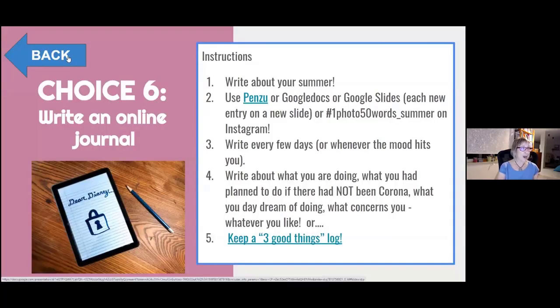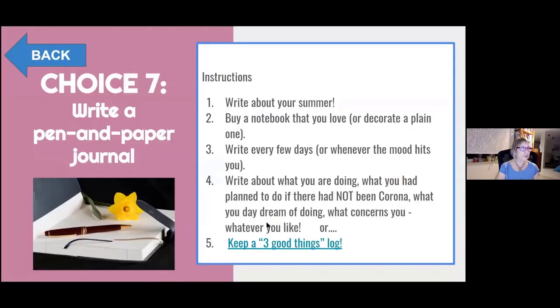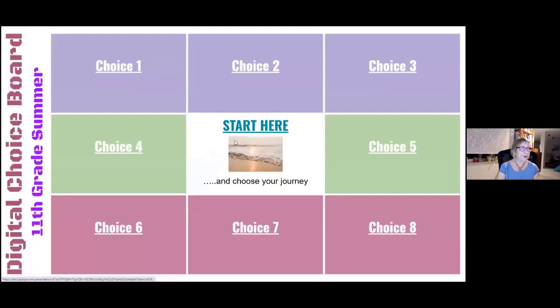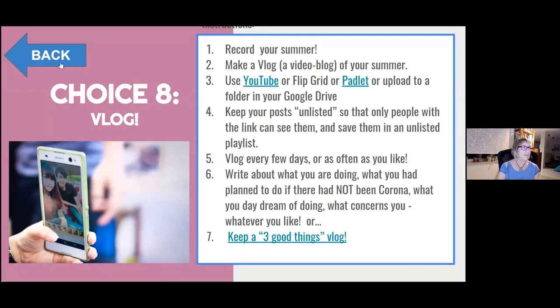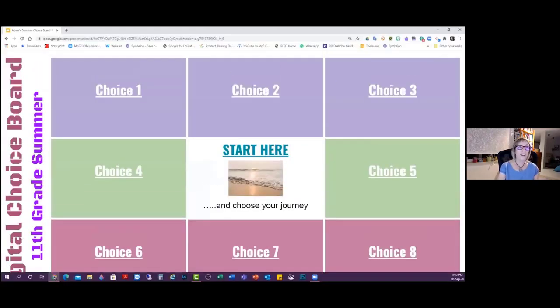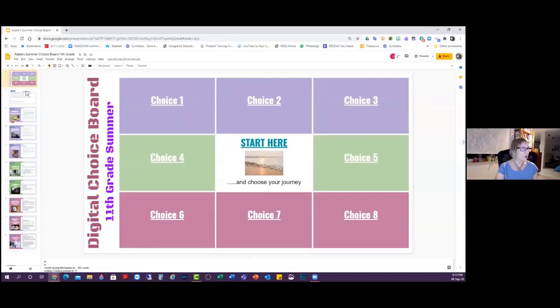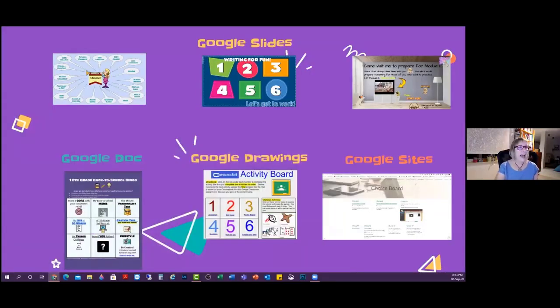Instructions for writing, the pink is writing, so different modes of writing, pen and paper if they prefer, and vlogging if they wanted that. So that is one type of choice board, and as you could see, it's built on Google Slides.